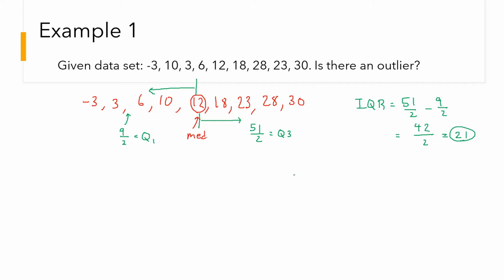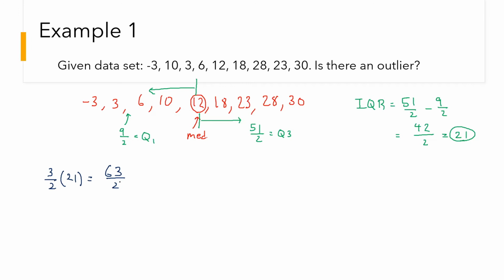In our previous definition, we said that anything that is greater or less than 1.5 times the interquartile range from Q3 and Q1 is known as an outlier. So first, let's calculate 1.5 times the IQR. 3 over 2 times 21 will be 63 over 2.